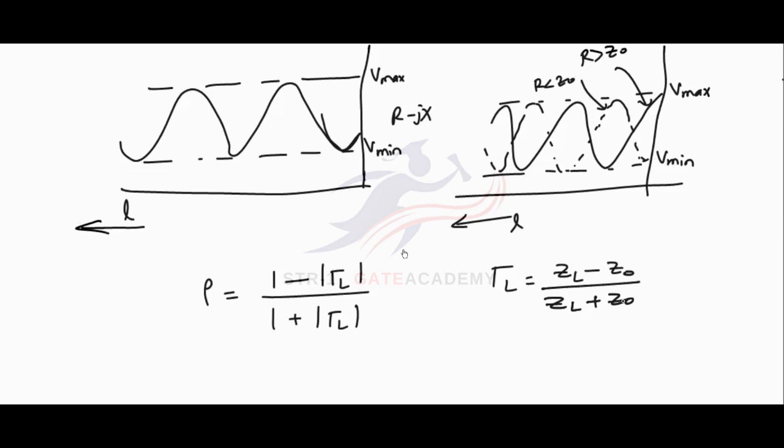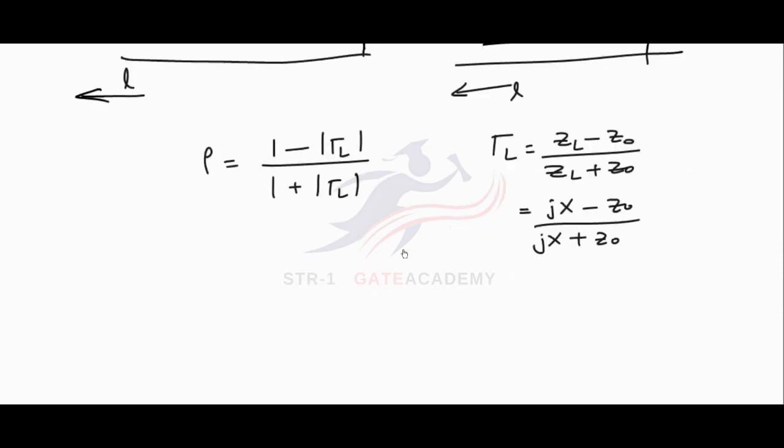Now, for the purely reactive case, ZL will be jX, so tau L is jX minus Z naught divided by jX plus Z naught. Now I need the value of mod of tau L. If I find mod of tau L, it is nothing but 1.